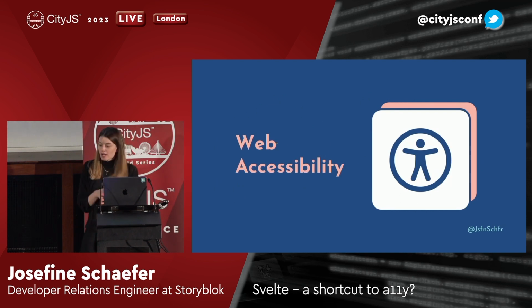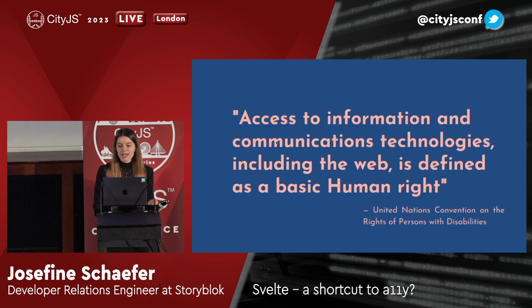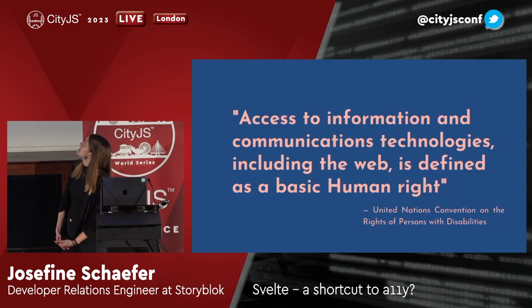Before we look at Svelte, we're going to have a brief look into web accessibility. Web accessibility basically means that the tools, technologies, and websites that we build as developers or that we design are implemented in a way that people with disabilities can use them and participate equally on the web. And that's a basic human right as defined by the United Nations.